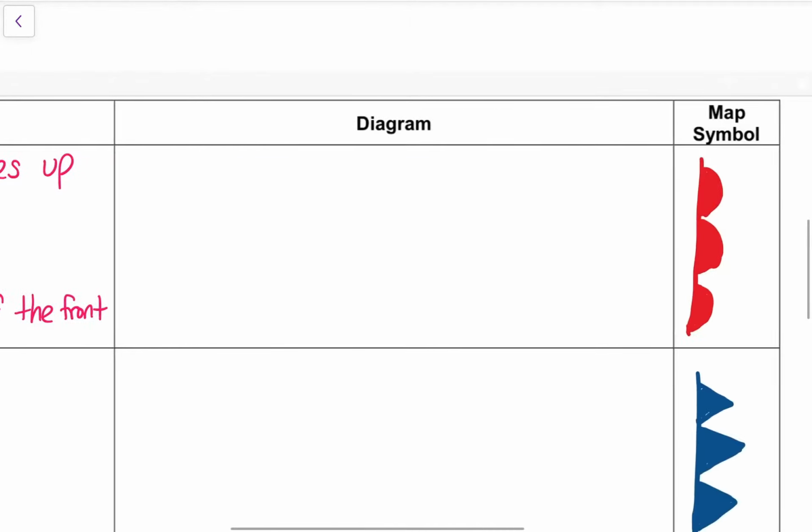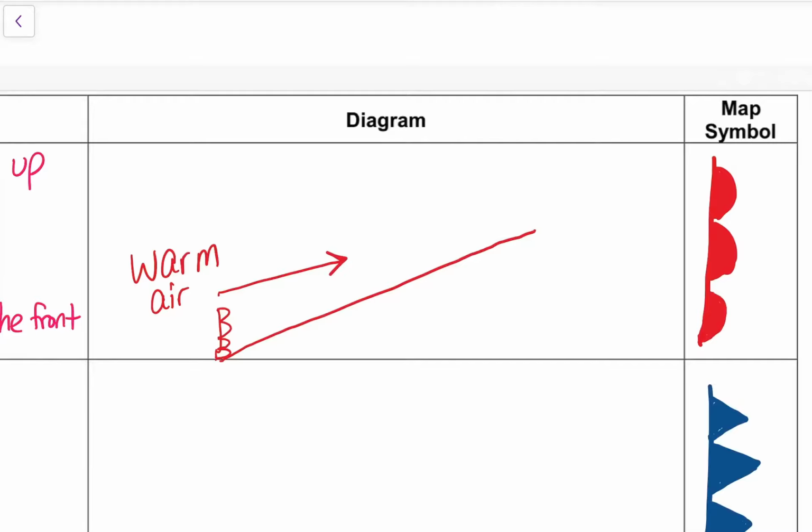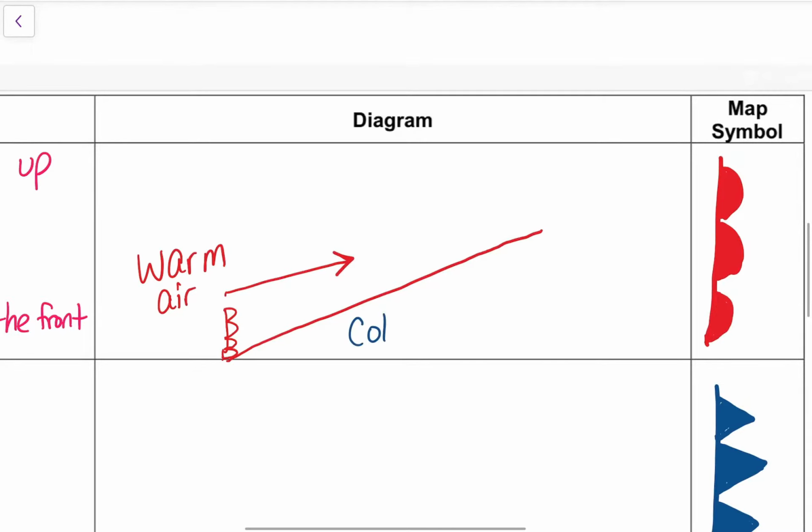Let's go ahead and draw a picture of what we see with a warm front. So if our front is on the ground right about here, we have a very gentle slope in a warm front, and the warm air is rising up very slowly over a mass of cold air.